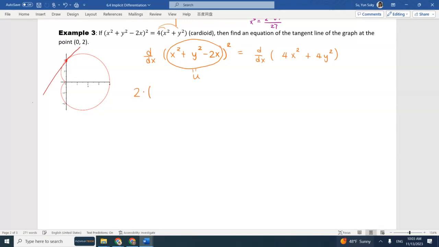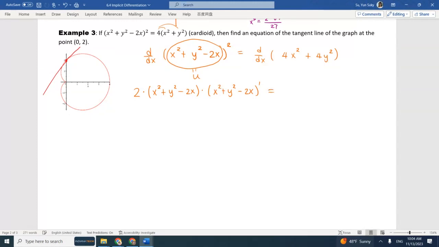So write down the u. x squared plus y squared minus 2x times u prime, right, everybody? So every time you do chain rule, multiply by u prime at the end. Yes, everybody?